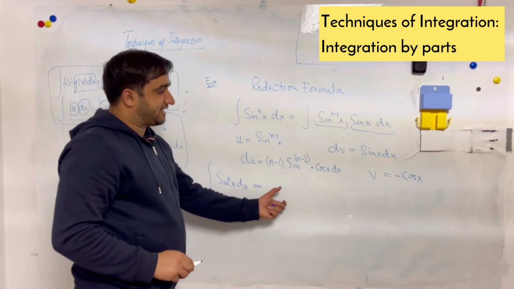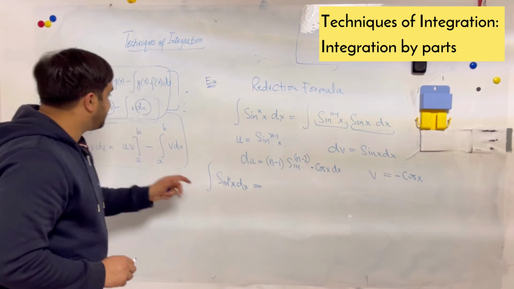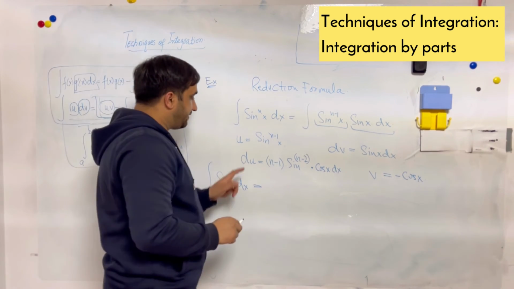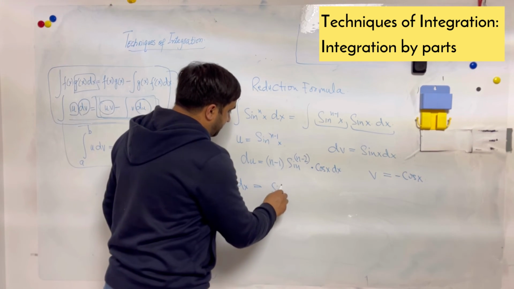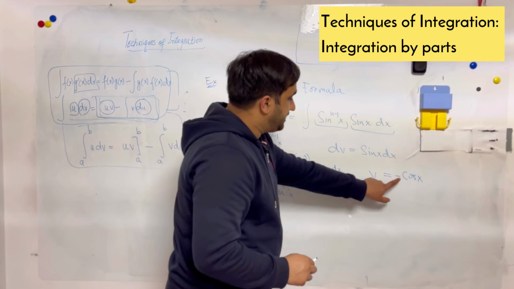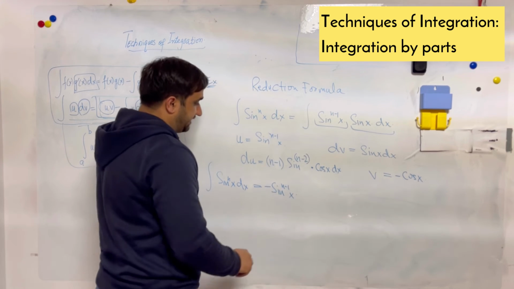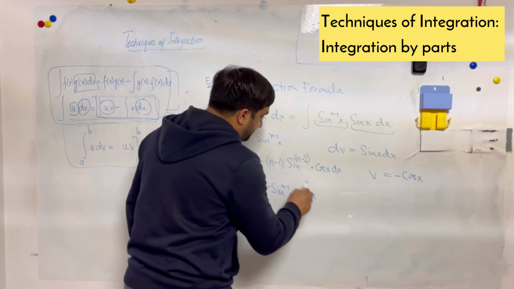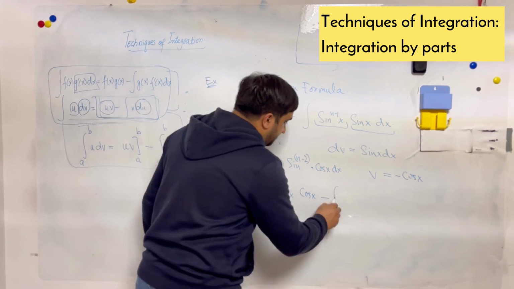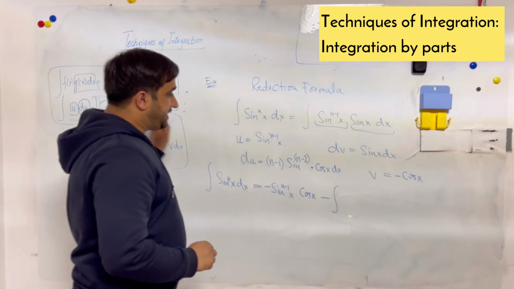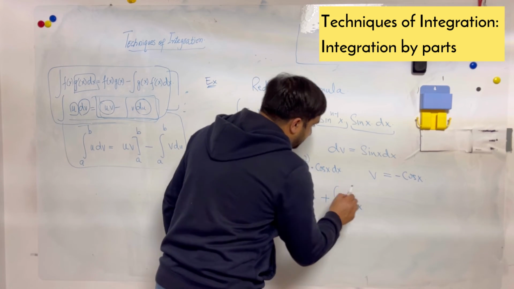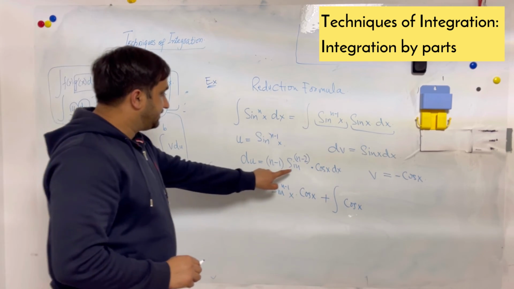now we are going to make the right hand side. So the right hand side is this formula. uv means sine raised to the power n minus 1 x, this is u, into v, which is minus cos x. So minus I'm writing here and this is cos x, minus from the formula and the bigger integral, and we have v which is minus cos x, so it will become plus cos x, and du, this guy.